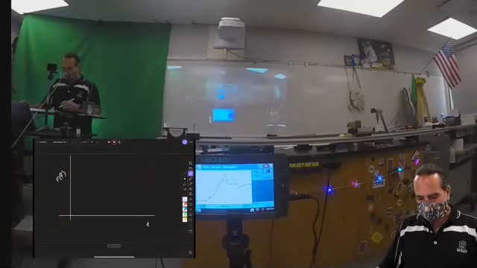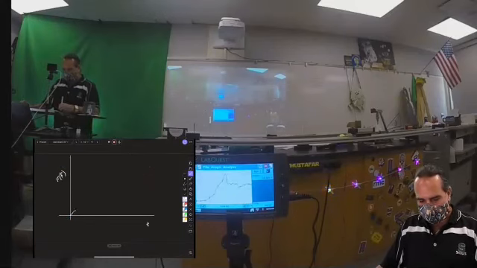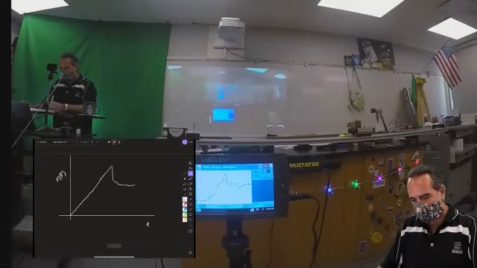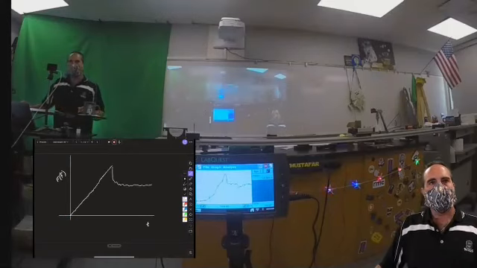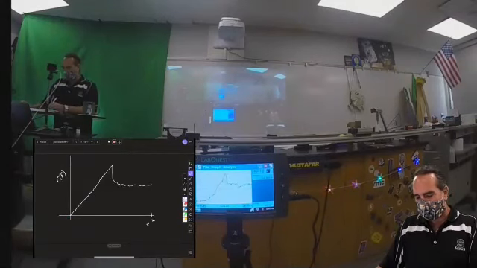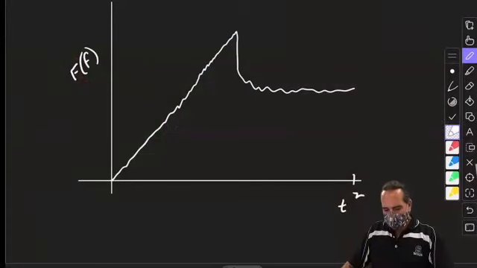You have a graph that looks something like that. It's not great in the beginning, right? Something like this, and then it drops down like that. Now, we took 2 seconds of data. This portion of the graph from here to here represents the time in which static friction was operating.